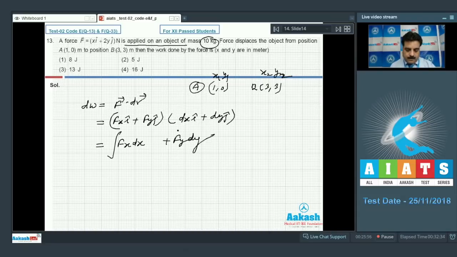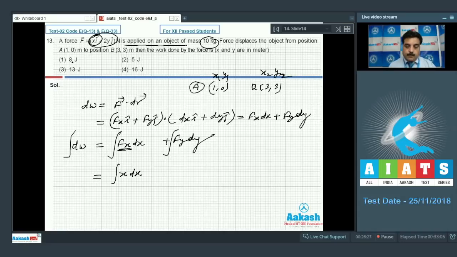So if I use integration, dW equals Fx dx plus Fy dy. Now I need the value of Fx, because the force is given as x i cap and 2y j cap. So I can take the coefficient of i cap, that is x dx, and the limits are from 1, 0 to 3, 3.